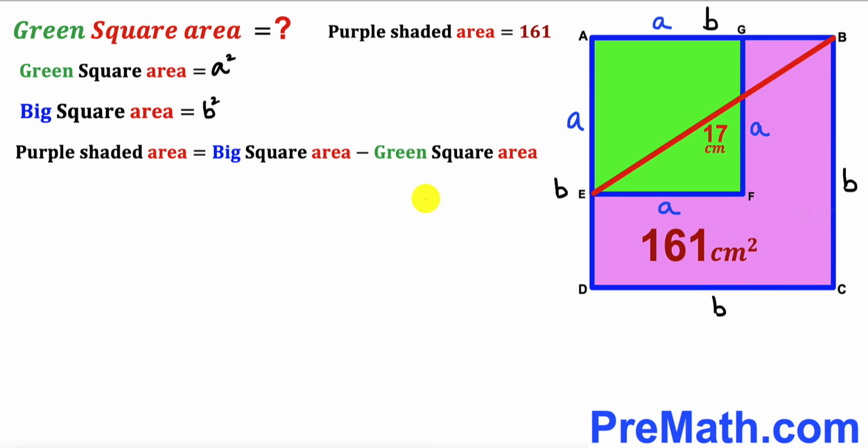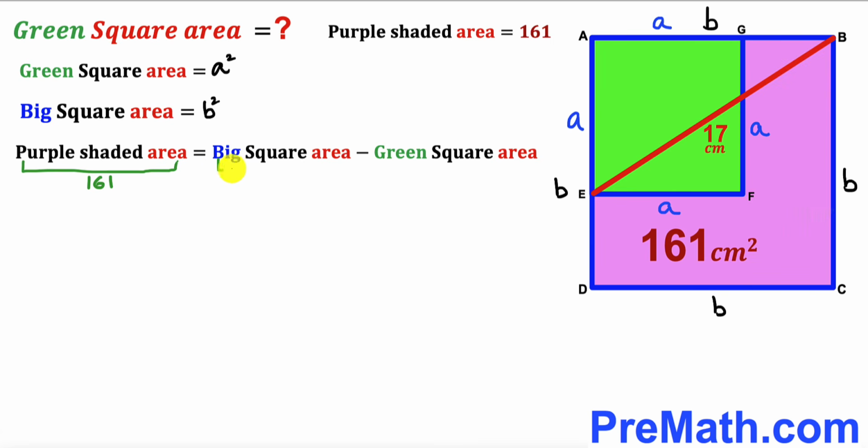Now let's make an observation. This purple shaded region area is equal to the big square area minus the area of the green square. We know this purple shaded region area has been given to us as 161, so I'm going to replace that with 161 over here.